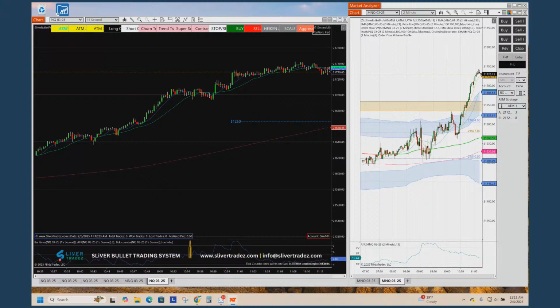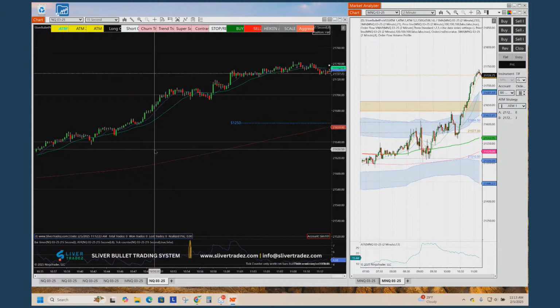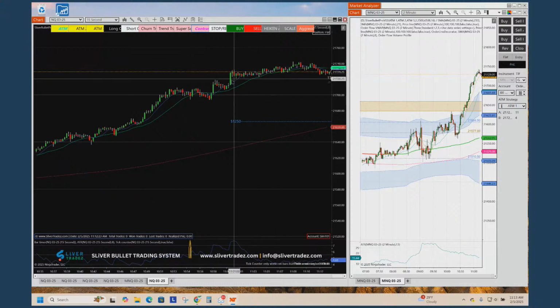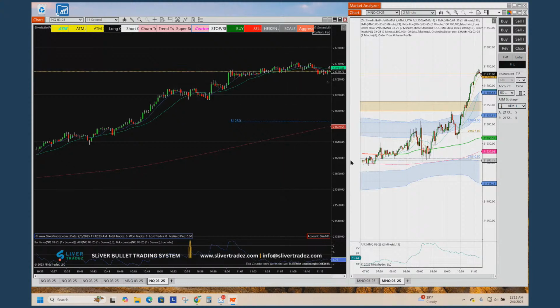So let's see what we can do today. This trend, my market trended nicely, and now it's in slight pullback mode. So I'll wait for some time before deciding what trades to take.